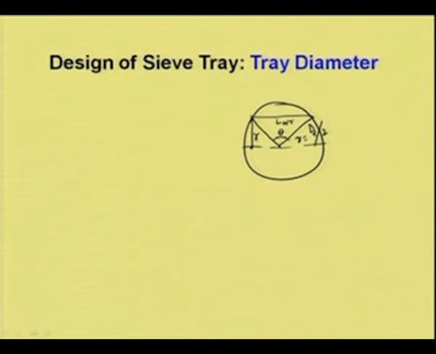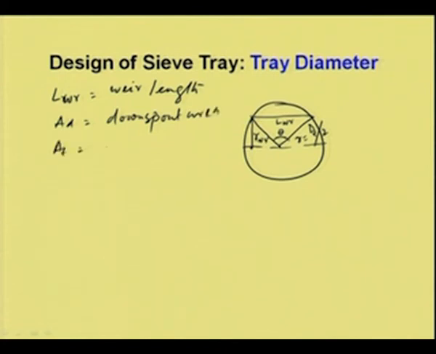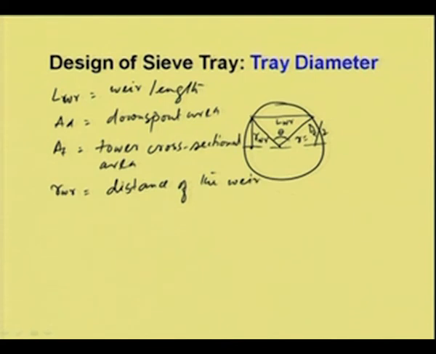This is R_WR. So, L_WR is the weir length, A_D as we said is the downspout area, A_T is the tower cross sectional area, R_WR is the distance of the weir from the center of the tower.